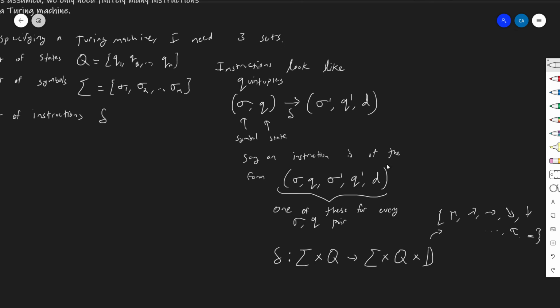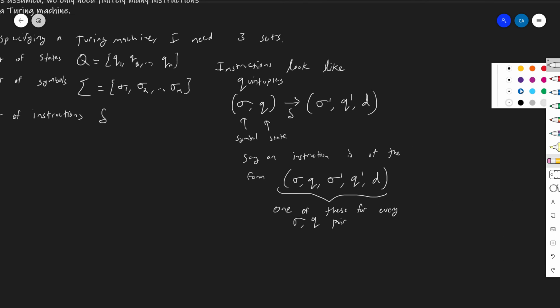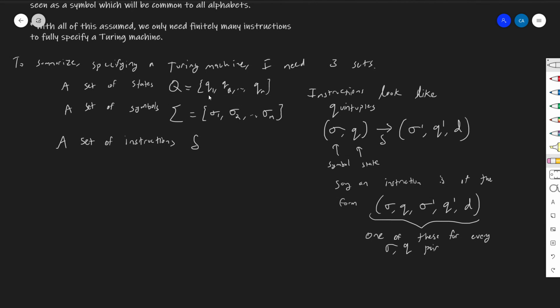But that's not important. Don't worry about this. But it is a function, from this domain to this codomain. So that's what the set of instructions looks like. It just looks like a bunch of quintuples.